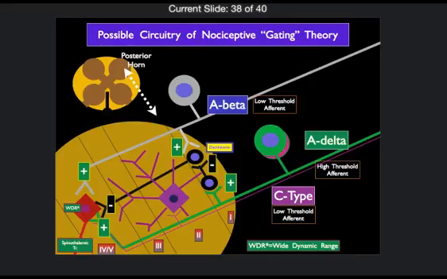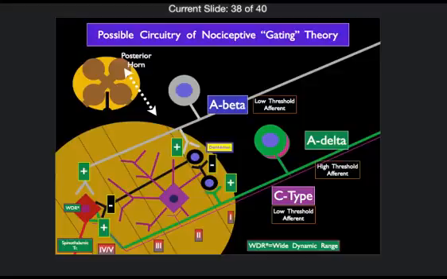So we have 2 slides and then we finish up for part 1. Possible circuitry for the gating theory. You have low threshold A beta, and you have high threshold C-type fibers, and high threshold A delta.